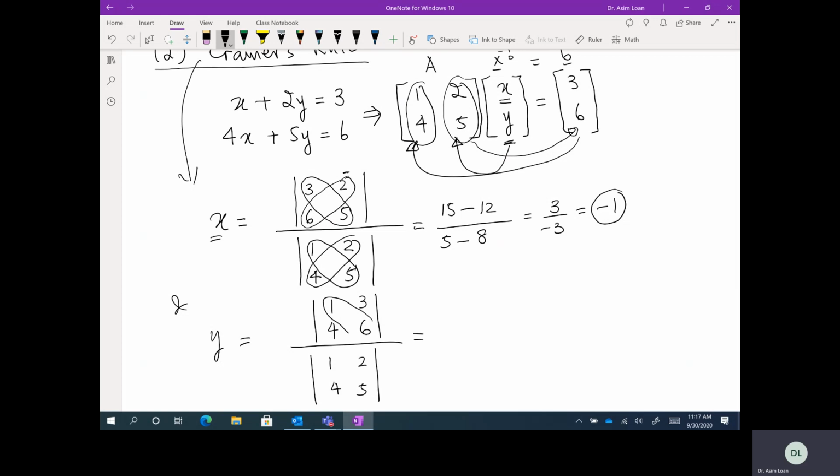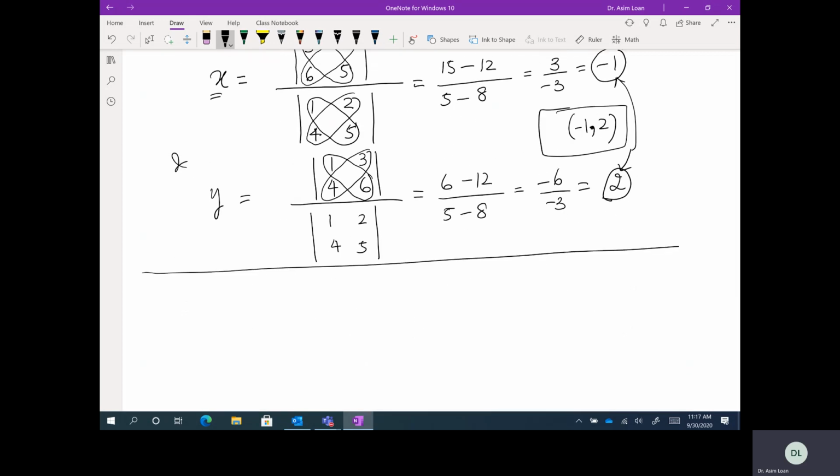Again, the main diagonal product is 6 minus the off diagonal product 12, divided by the denominator, which is still the same, 5 minus 8. So this is minus 6 over minus 3, which is equal to 2, exactly the same. So you have minus 1, comma 2. The solution is still the same.